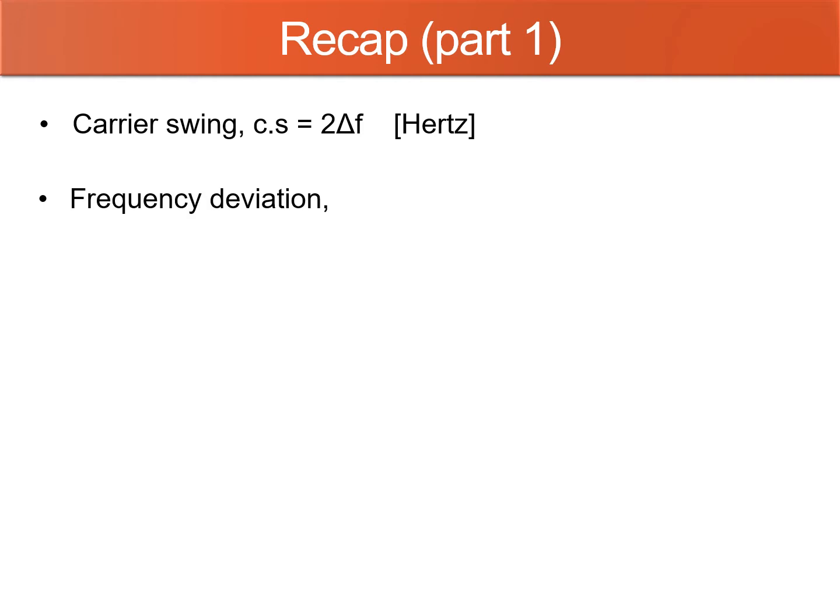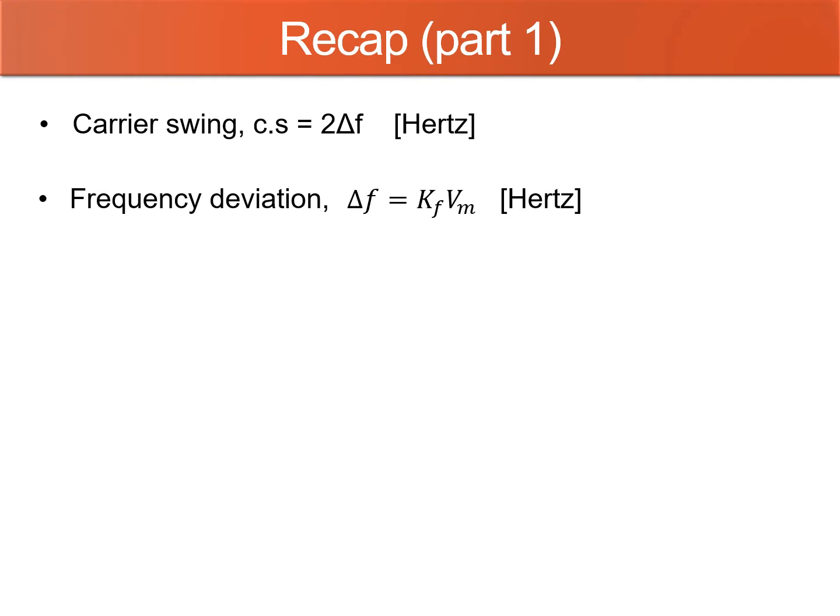Okay, before that, let's recap Part 1 of Chapter 3. Here, given the carrier swing CS equals 2 delta F, the unit is Hertz, and meanwhile the frequency deviation delta F equals Kf times Vm.